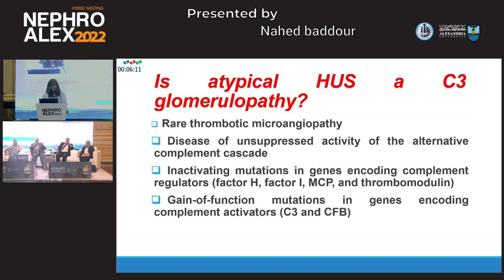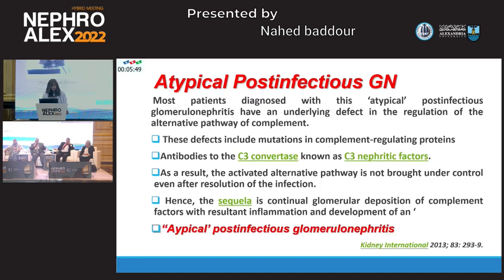So atypical HUS is now a well-known cause that is mediated through inactivating mutations in genes encoding complement factors H, I, MCP, and thrombomodulin, and gain-of-function mutations in genes encoding C3 and CFB, which are the activators of C3 convertase. Atypical post-infectious GN is also another disease which apparently is an immunoglobulin-mediated disease, but it has an underlying pathophysiology of C3 abnormality.